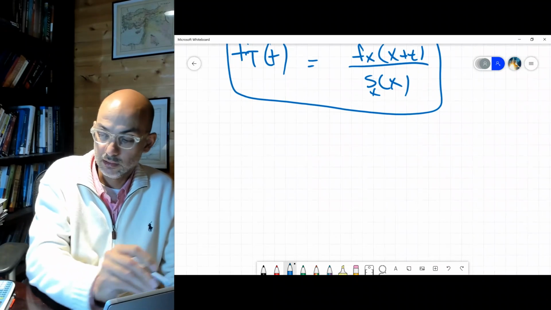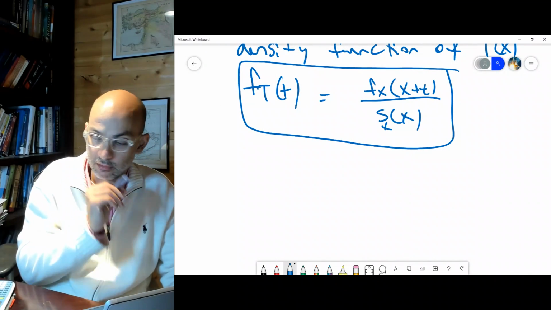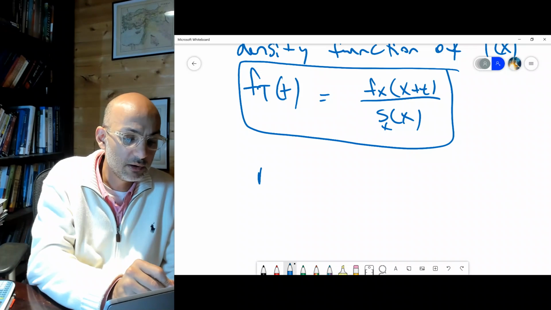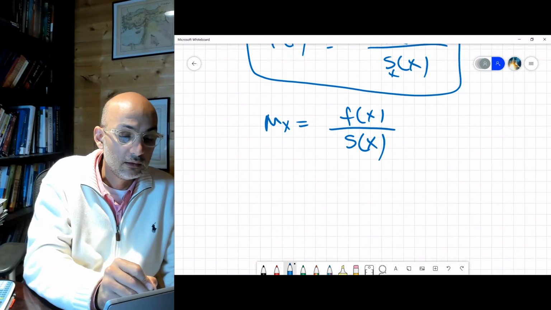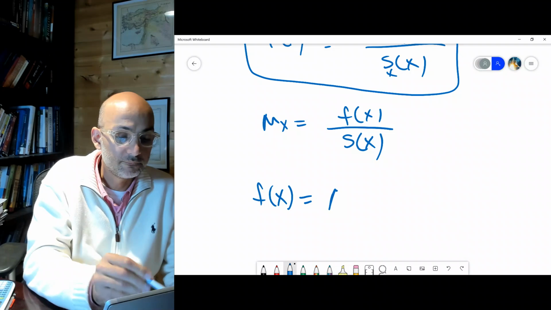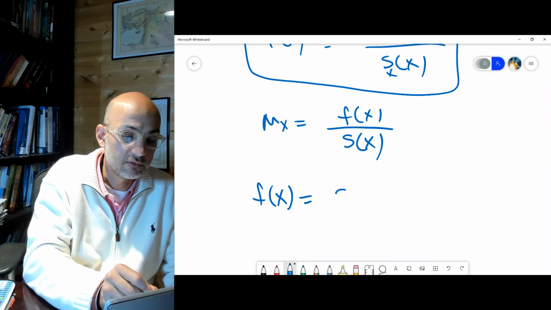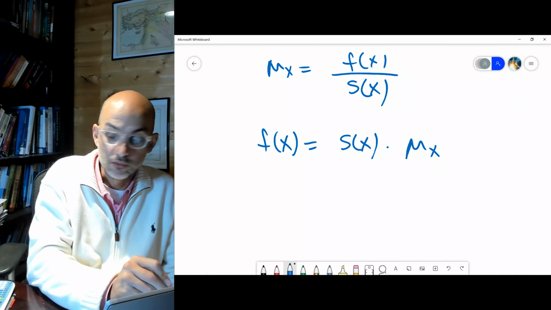But we can also play with it in actuarial notation. Remember when we took mu of x, we said it's f of x over S of x. If you cross multiply, f of x is equal to the survivor function multiplied by mu of x. Now, same logic here.